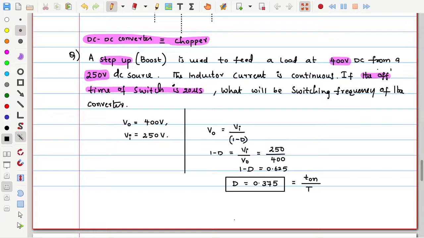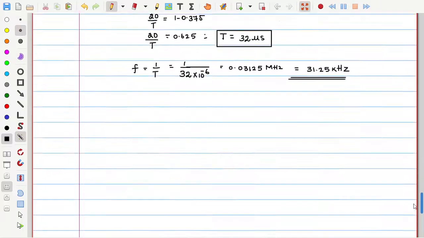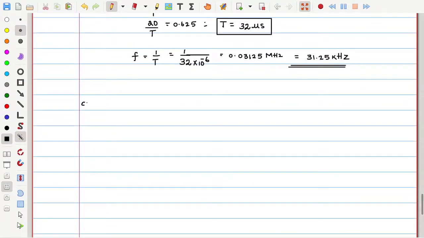Sometimes things may be asked in this way also. So the duty ratio will be given in terms of, let us say, for the same problem, let me take the next case, case 2, or the next problem.